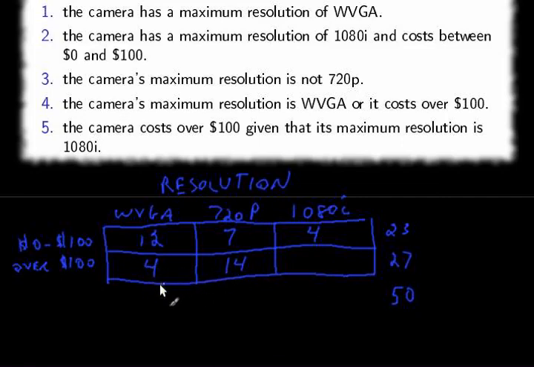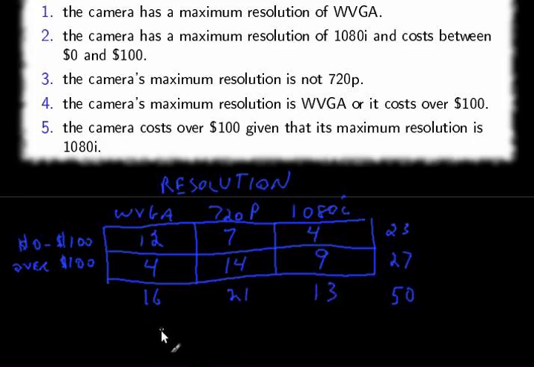And now we can do some more adding and subtracting here. We have 18 cameras out of the 27 already accounted for. That means there are 9 left at a maximum resolution of 1080i. And finally, we can add up the columns. 12 and 4 make 16, 7 and 14 make 21, and 4 and 9 make 13.